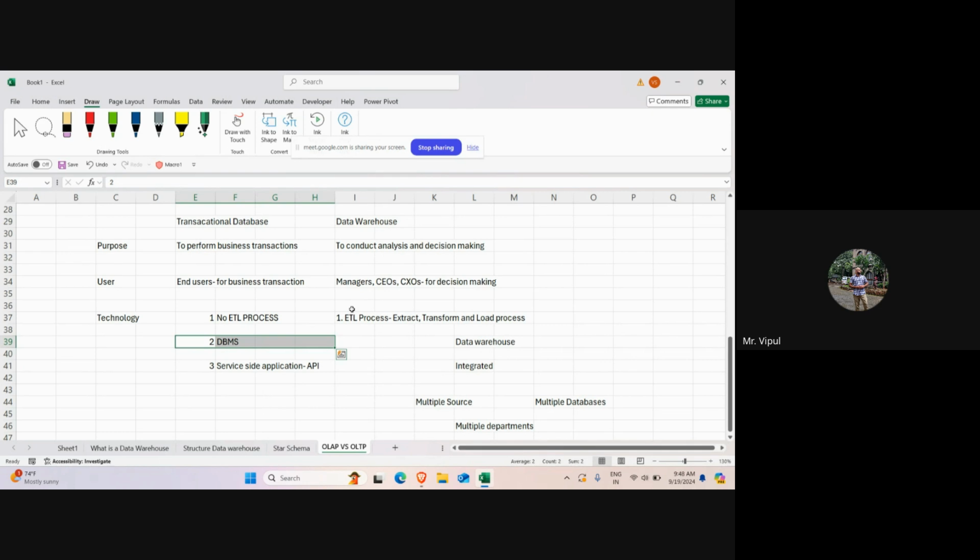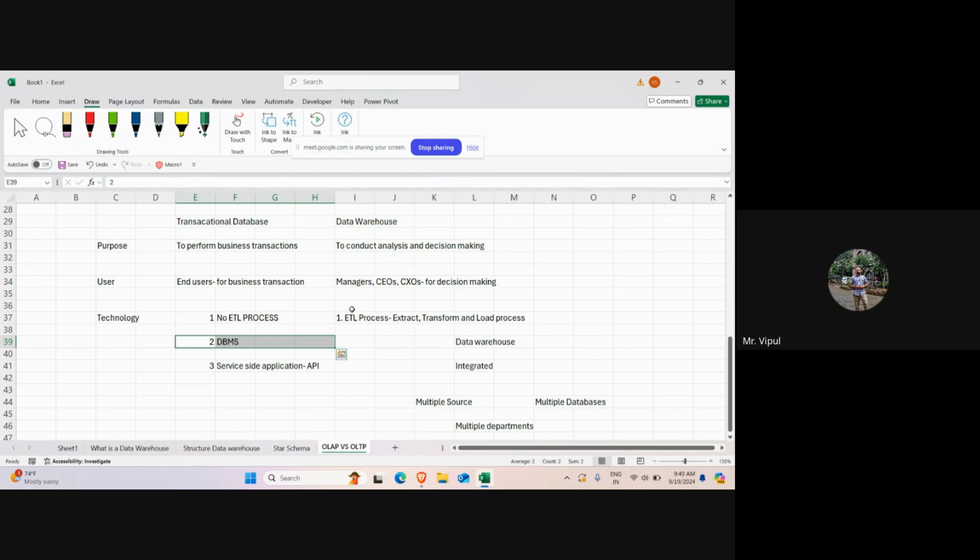So you will have tools like Cognos that are running. You have tools like Tableau. You will have many reporting front end infrastructures, because the intention of a data warehouse database is not to support business transactions. The intention is to support analysis.